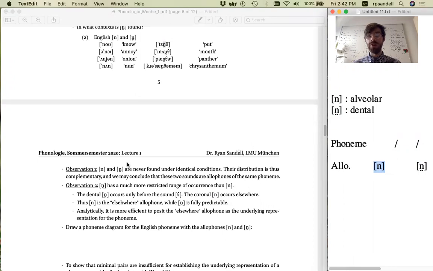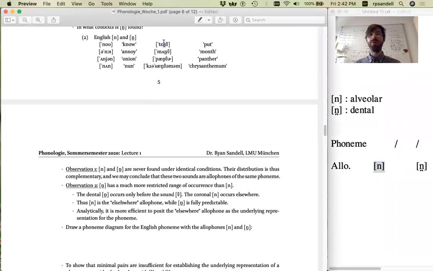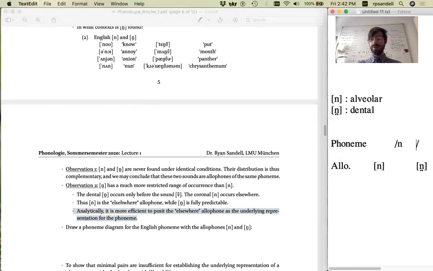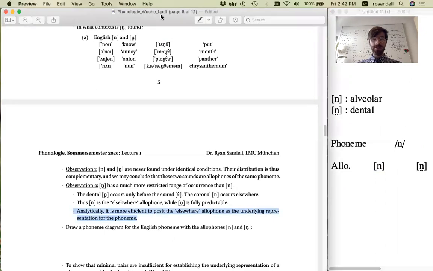It occurs in all contexts except before an interdental fricative, as in words like 10th, month, and panther. And analytically, it's always more efficient to say that the elsewhere allophone constitutes the underlying representation for the phoneme. So this means we would want to choose as our underlying representation the alveolar nasal.